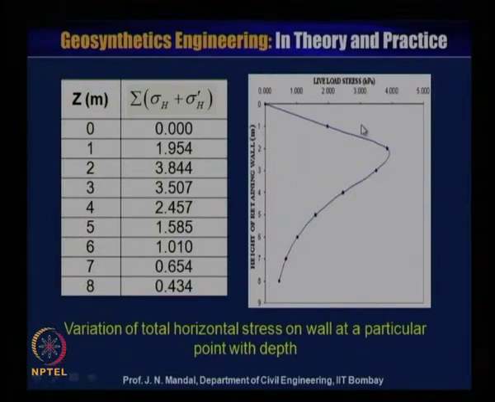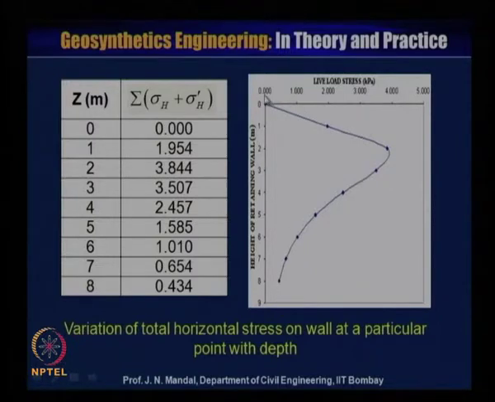So for 1 meter, let us say 1.954, then for 2 meter, which will give almost the maximum value, 3.844, and then for 3 meter you have 3.507, for 4 meter 2.457, for 5 meter 1.585, for 6 meter 1.01, for 7 meter 0.654 and 0.44.